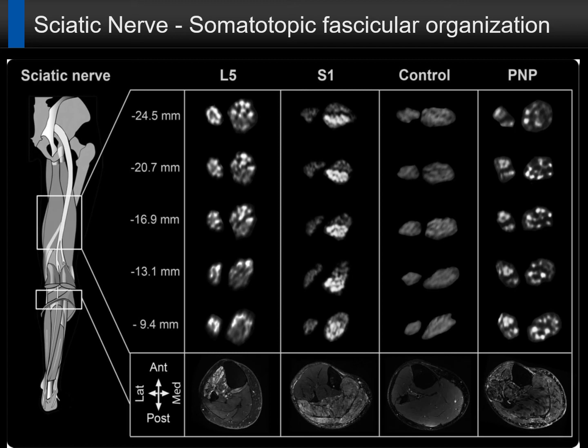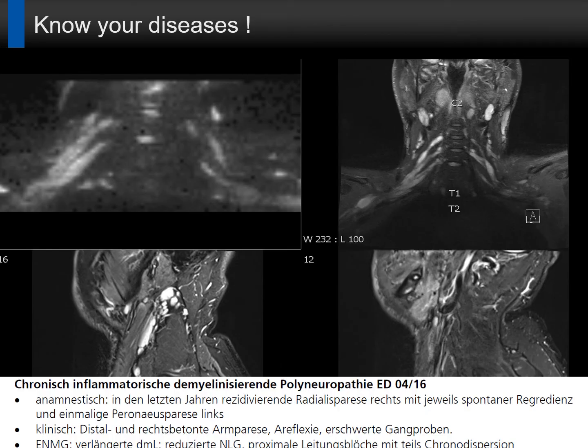You can even have pathologies of a part of the sciatic nerve, as you can see here in this publication. And it's very important that you also know the microanatomy or the fascicular organization of those peripheral nerves, especially in the leg. It's very helpful that you try to distinguish it. Of course, you need to have good high resolution images for that.